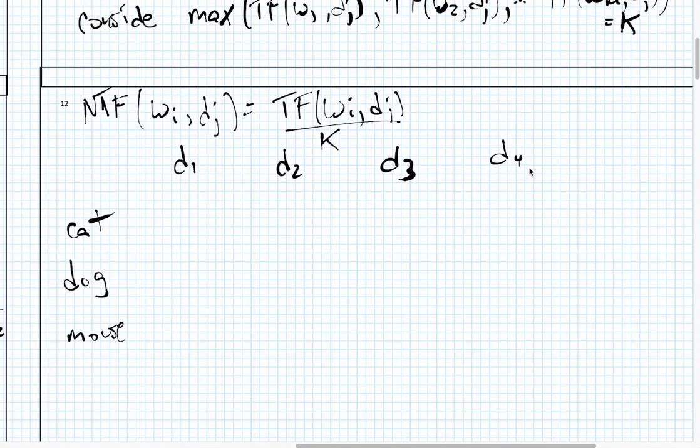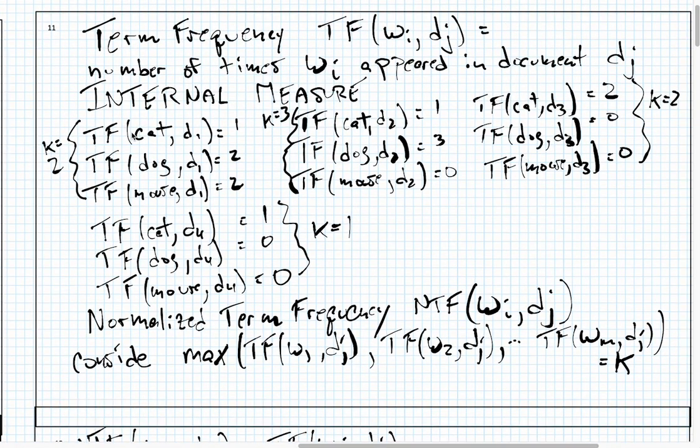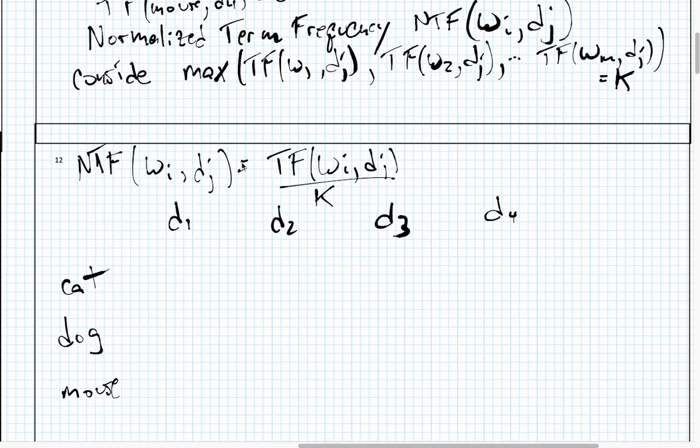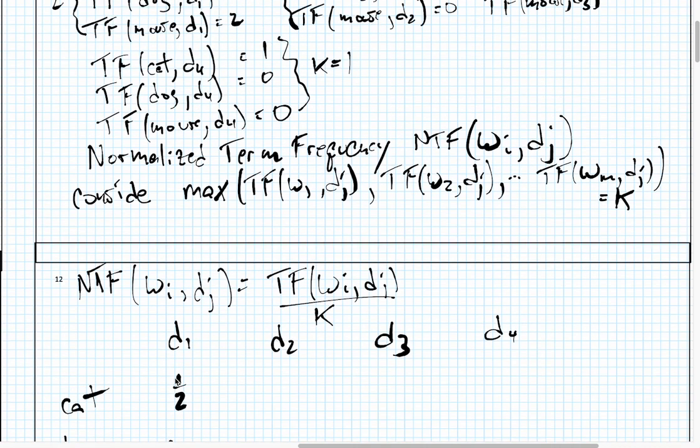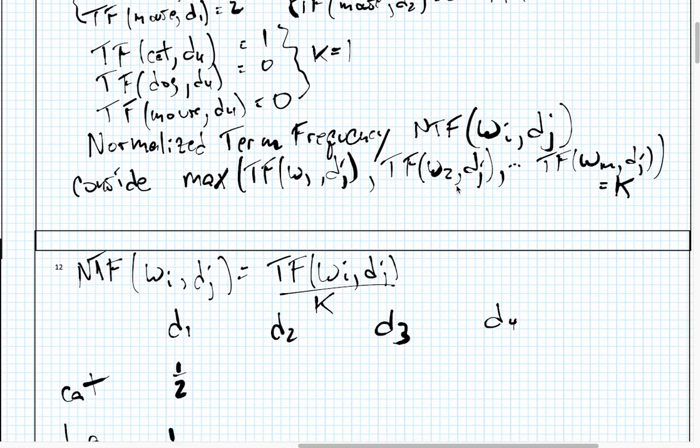I come back up here, and for D1, k is equal to 2. I'm going to divide by 2, so I get 1/2, 1, and 1. I go to D2, and I see k is equal to 3. I divide all of these by 3. I get 1/3, 1, and 0.